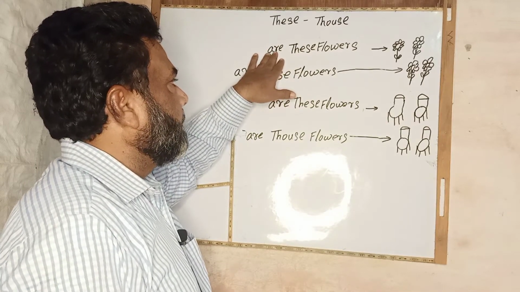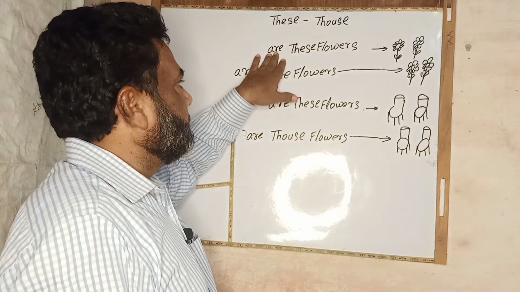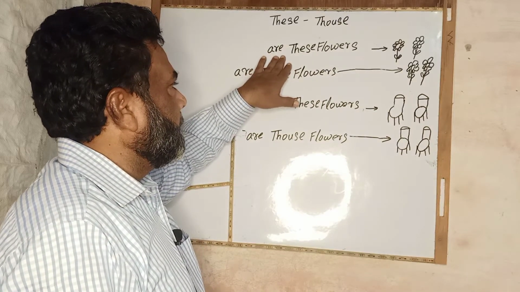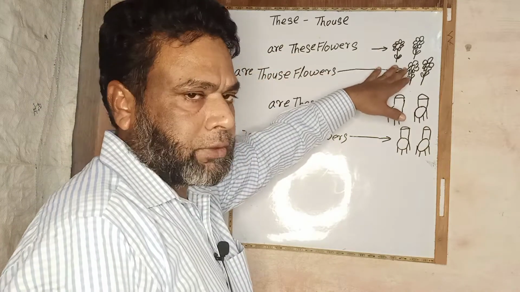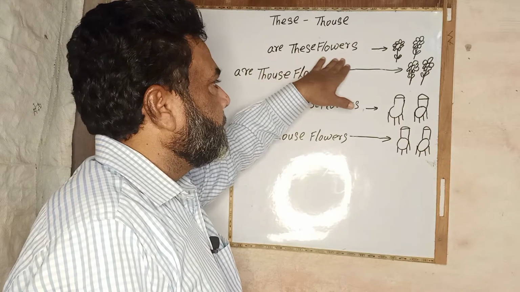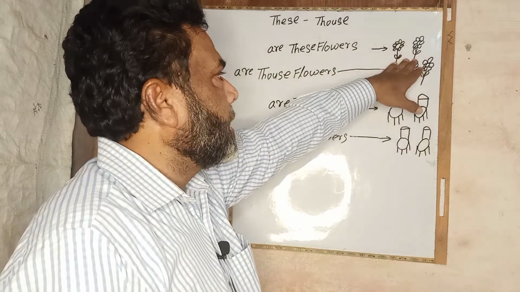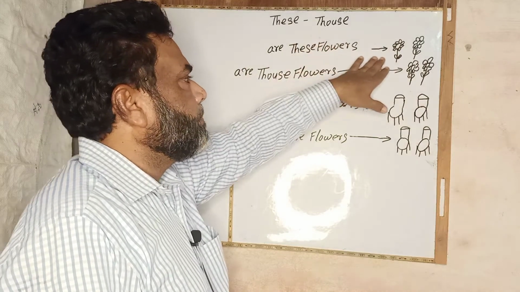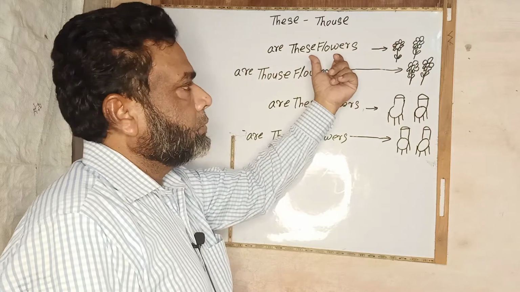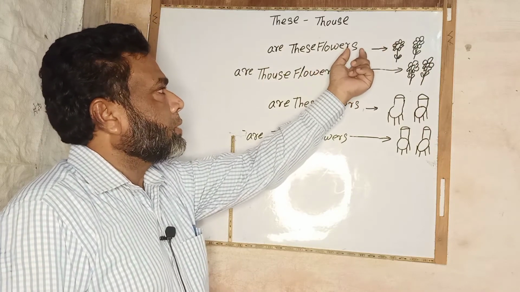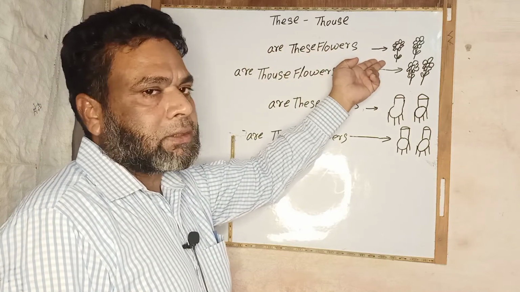So here, if the be verb comes to the front, this sentence becomes: are these flowers? Because here more than one, so we use s, and close is close, so we use these. Are these flowers?